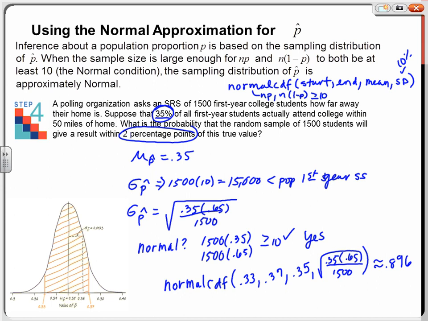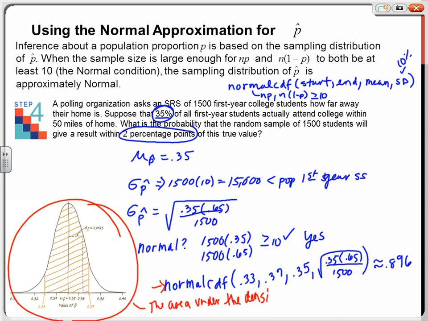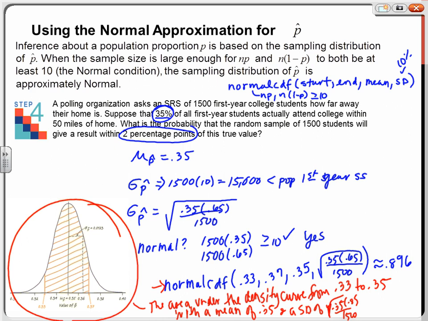Now, again, this is not enough work. You would have to draw something like this on the AP exam, or tell me the area under the density curve from 0.33 to 0.37 with a mean of 0.35 and a standard deviation of the radical of 0.35 times 0.65 over 1,500 has an area of approximately 0.896.